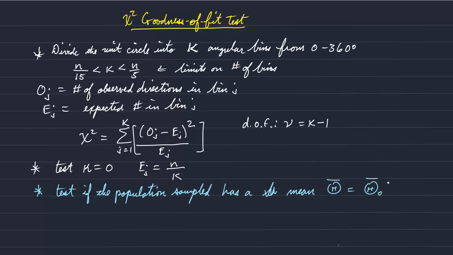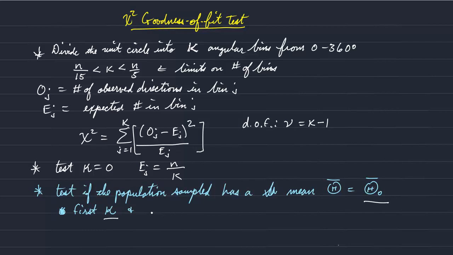So to do that, you have to first compute the concentration parameter from your sample, and you would use tables to compute what the expected value is for each bin, given the theoretical mean and kappa.